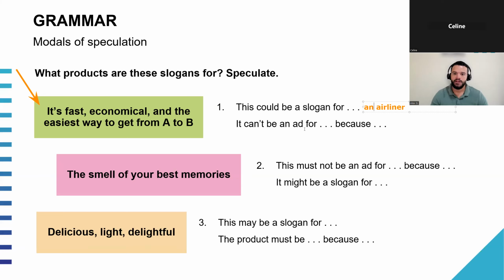It can't be an ad for, let's say, a donkey ride, right? It can't be an ad for a donkey ride because they are too slow. Okay? So that's what we have to do. We have to speculate and we have to use the slogan, okay?